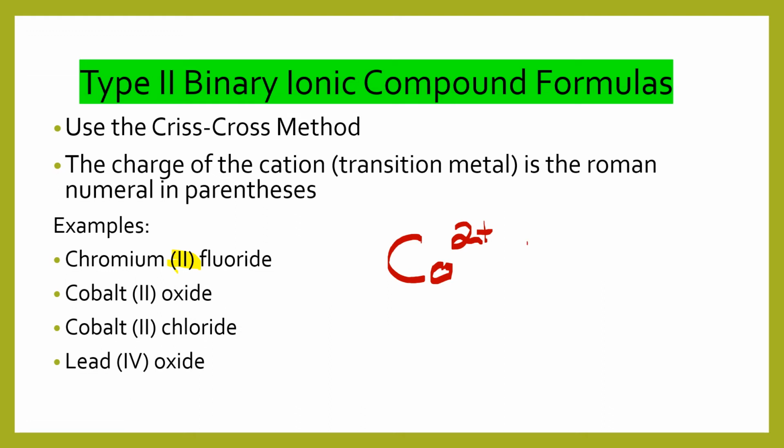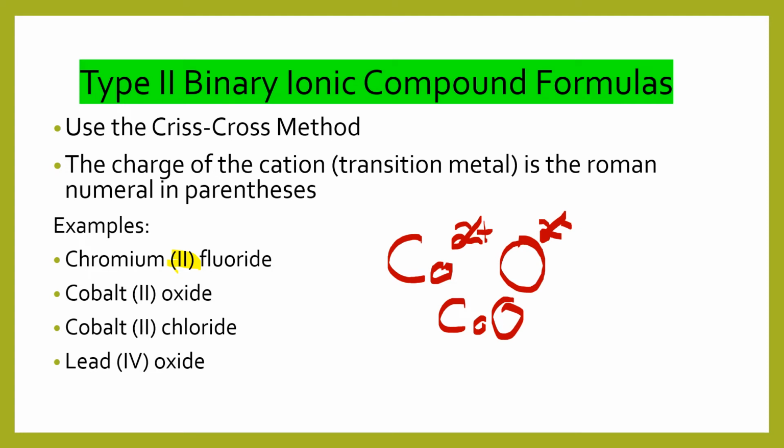Then we have oxygen, which is a representative nonmetal, so we know from our rhyme it's 2-. And what happens if you have a 2+ and a 2-? They simply are going to cancel each other out. So because if you bring them both down, you can simplify them. So we're simply going to have CoO as our formula for cobalt 2 oxide.